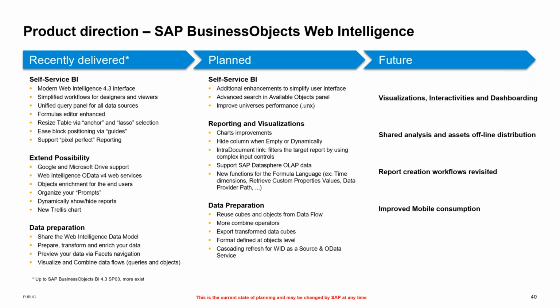There are lots of extensions in terms of Google and Microsoft Drive support, the ability to organize your prompts, and dynamically show and hide reports. And then what's planned in the short-term future is around self-service BI: additional enhancements to the user face, advanced search in the available objects panel, more support for the SAP DataSphere and OLAP data, and some more on data preparation.